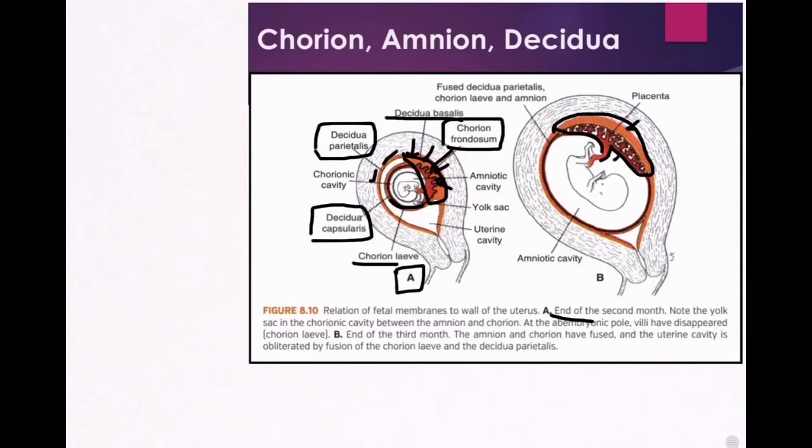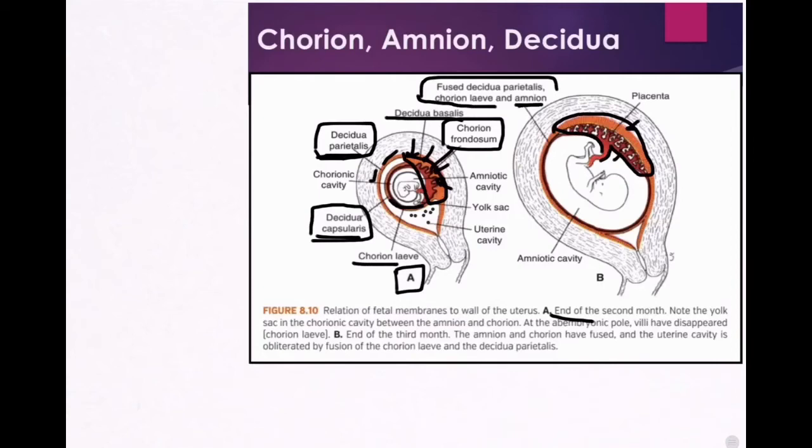Okay? And you can also see that the uterine cavity is completely obliterated, which means that the Decidua capsularis fuses with the Decidua parietalis. That's your fused Decidua parietalis, chorion laeve, and amnion.